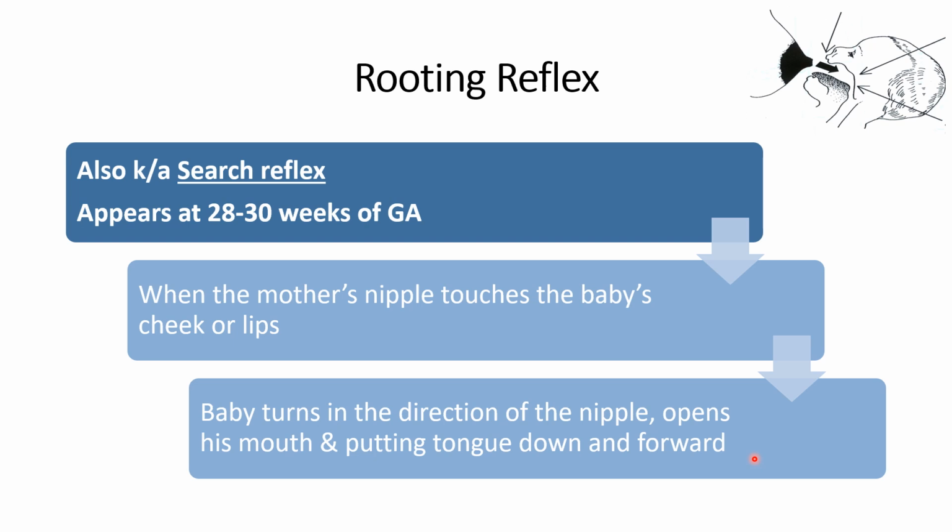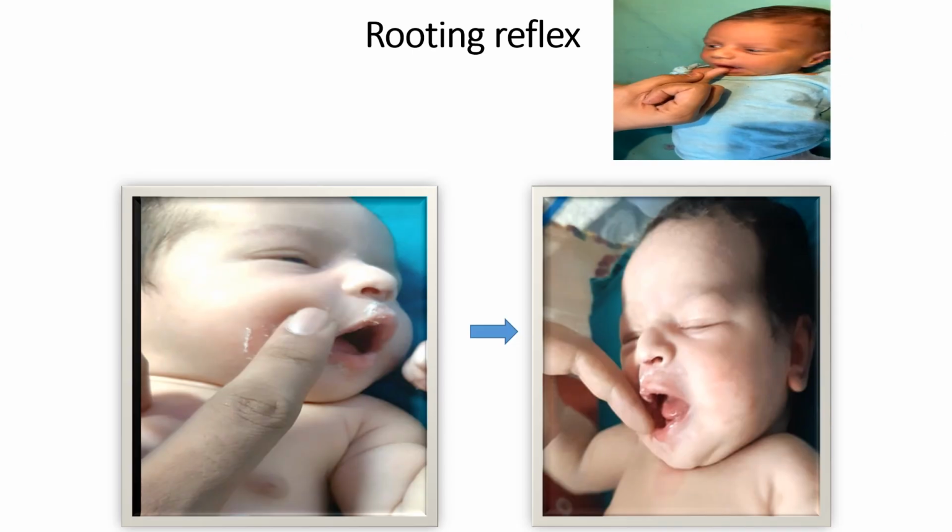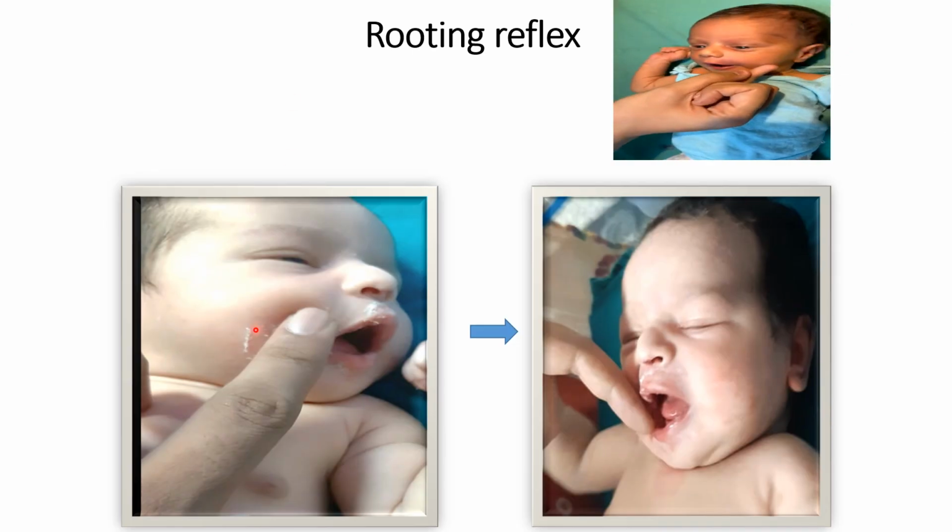And to understand and elicit this reflex, in rooting reflex, we have to keep our finger over the cheek near the mouth, and in response to this, baby will turn the face toward the finger and open the mouth also. This reflex is also known as search reflex.